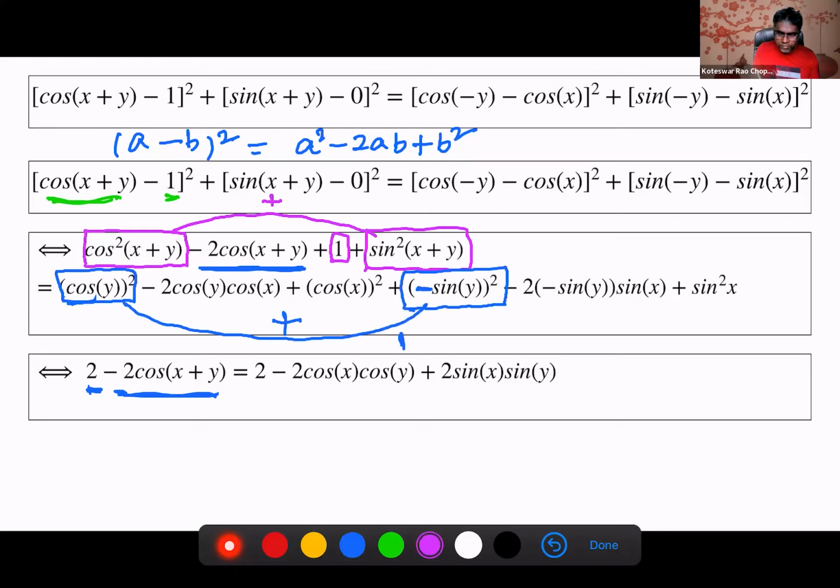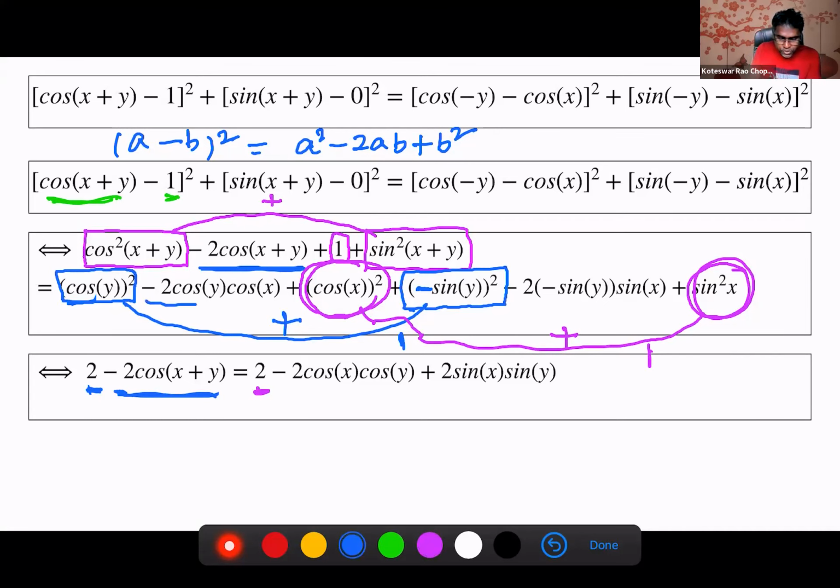Similarly, I have cos square x and sine square x, and these two also add up to 1. So 1 plus 1, we get this 2, and the remaining terms I've just brought down.